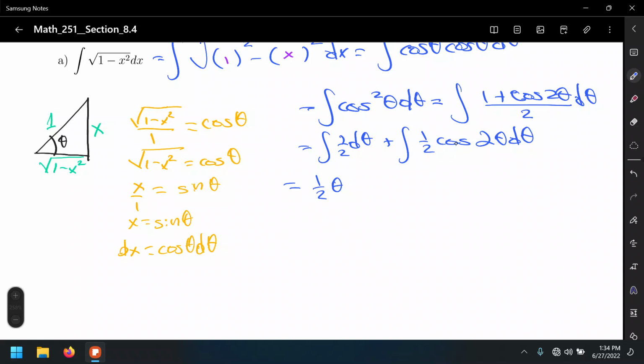And over here we're going to have the integral of cosine 2 theta. What's the integral of cosine 2 theta? So sine 2 theta times that 1/2 from the integral, but times the other 1/2 right here, that's going to be 1/4. All right, plus c.